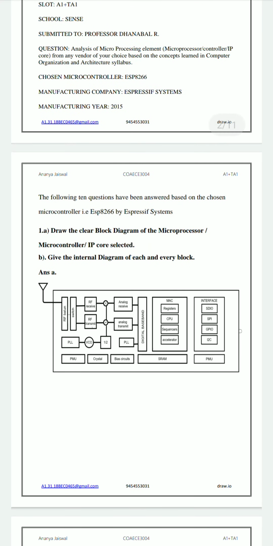So, according to the assignment, question 1 being a clear block diagram of the microcontroller selected goes as follows.